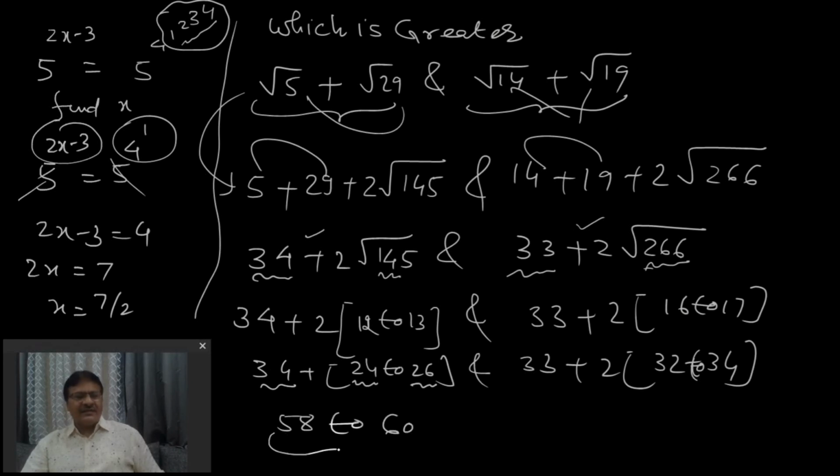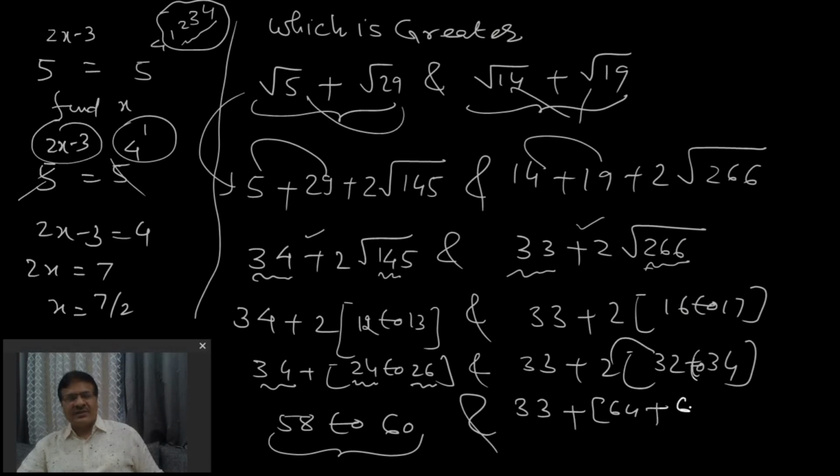It means the final answer of this first part would be somewhere between 58 and 60. And see this one, 33 plus this 2 into 32, that is 64, plus 2 into 34, 68.